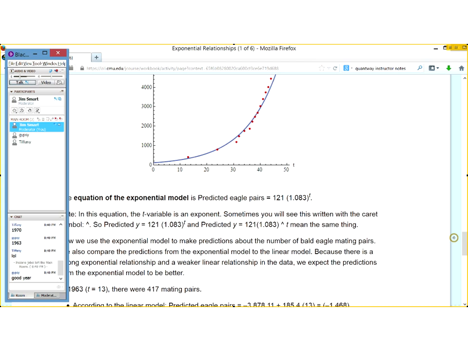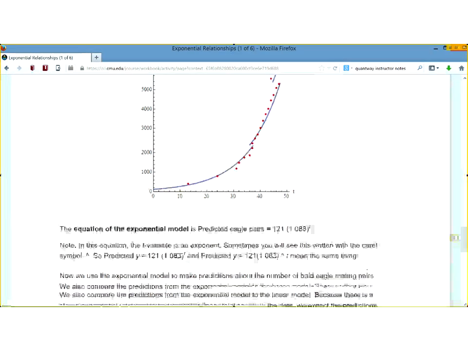When we're talking about predictions, we're plugging in x values, in this case t, years. So it's actually the number of years, t equals 0, which is 1950. That's not within the range of the years that were used to create the model. It looks like the earliest year that we have data is 1963.